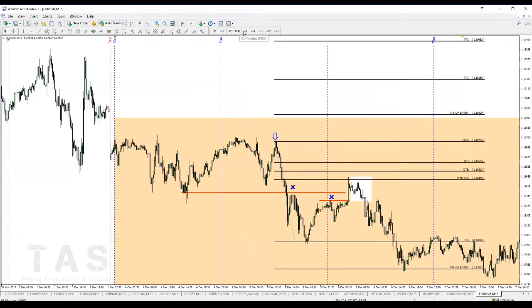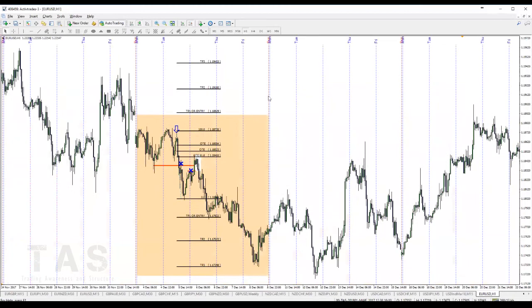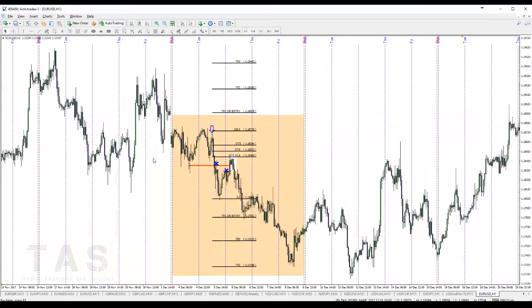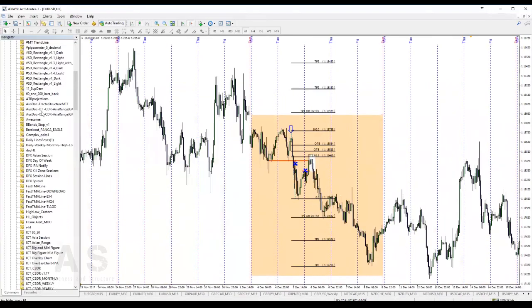Now let's see the 1 hour break of structure. You'd probably not use the wicks, say breaking structure was there. You still have the same fib, still have the same entry.